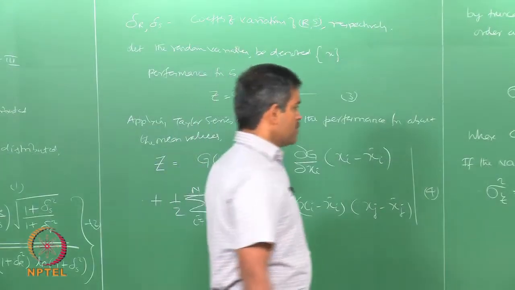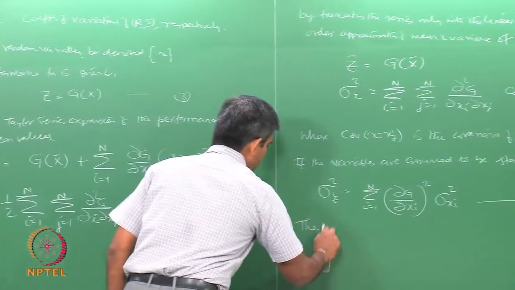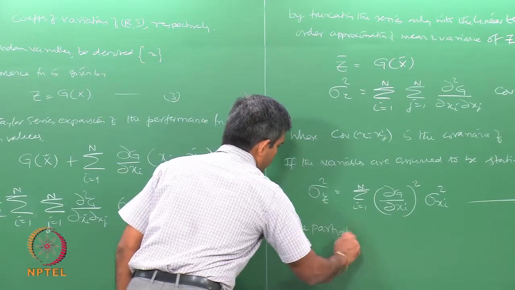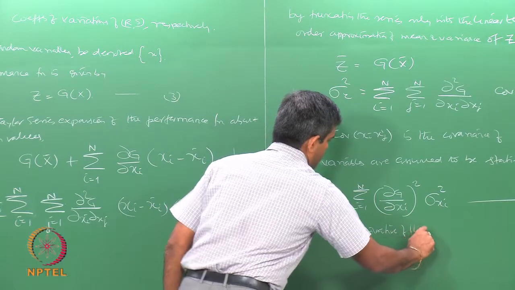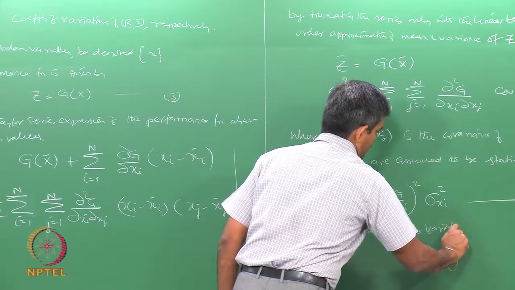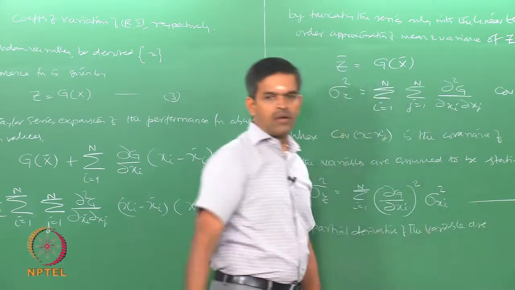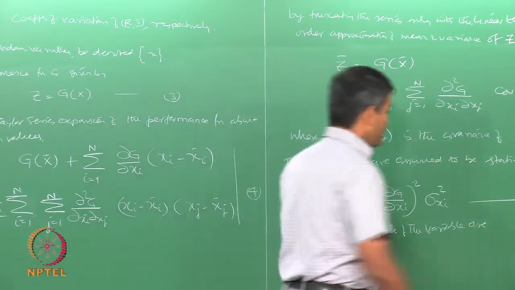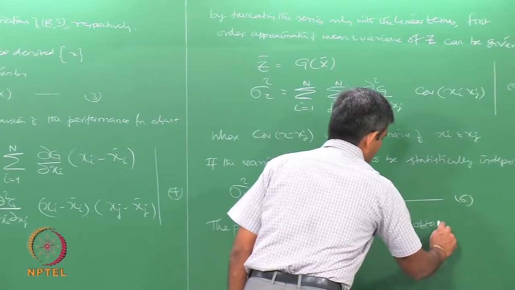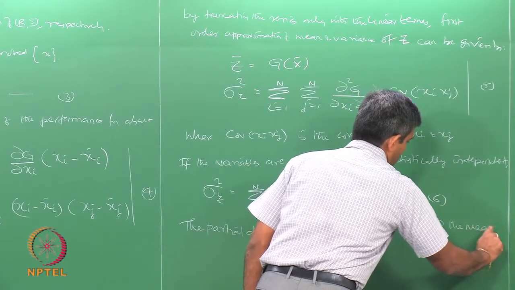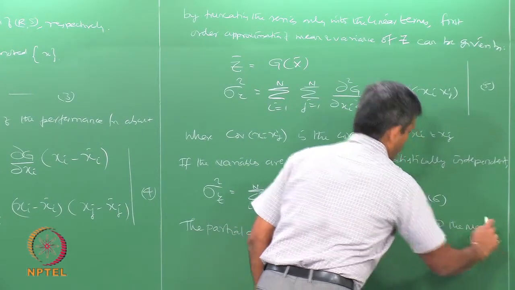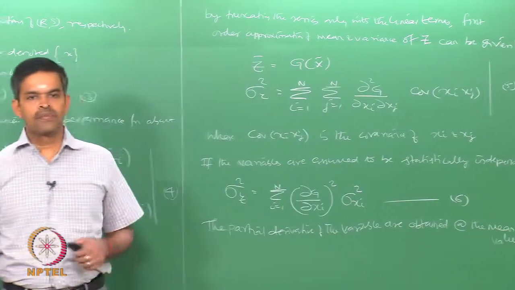Now, in this case the partial derivatives of the variables are obtained at the mean values of the variables. Okay.